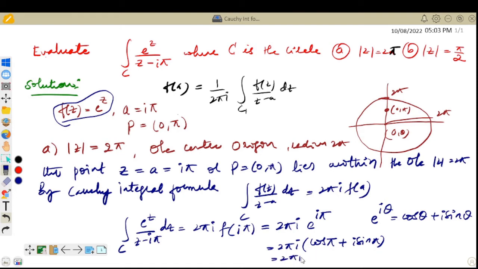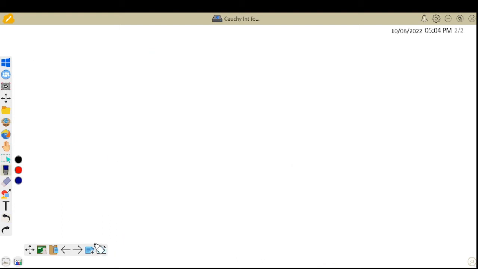So this is 2 pi i into minus 1, or minus 2 pi i. So what is your conclusion in case of the first? Therefore, integration of e raised to z divided by z minus i pi over the curve C, the circle with center at origin and radius 2 pi, is equal to minus 2 pi i. That is the answer.